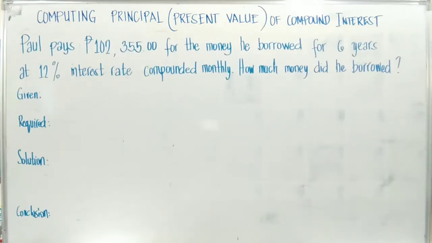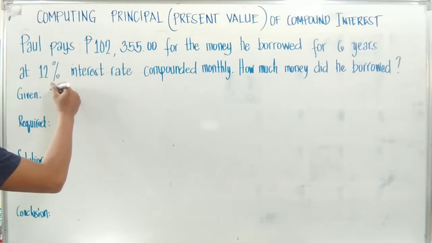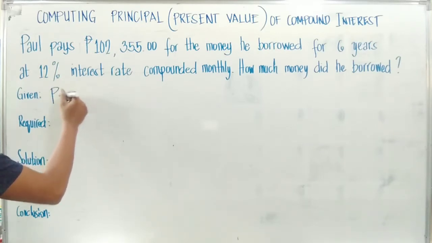For our next problem, we have: Paul pays 102,355 pesos for the money he borrowed for 6 years at 12% interest rate, compounded monthly. So how much money did he borrow? Let us first identify your given.